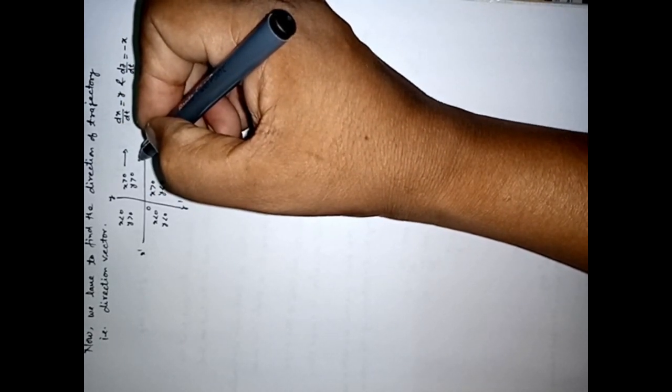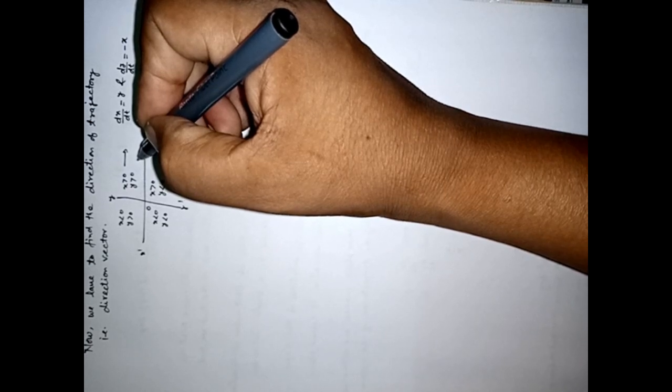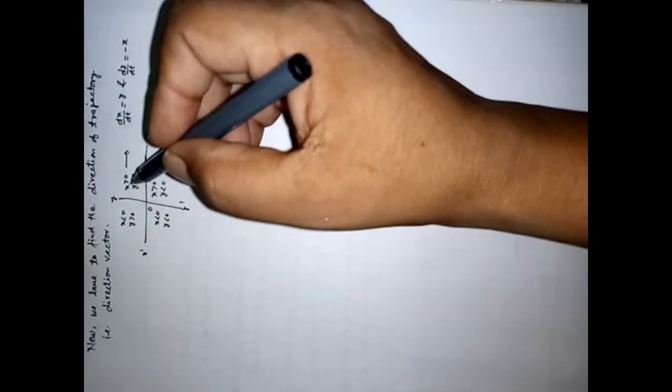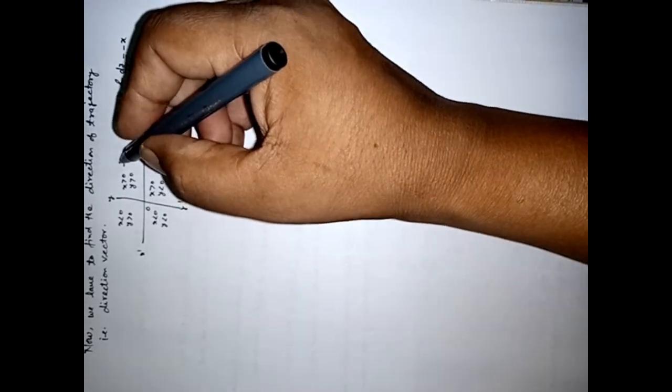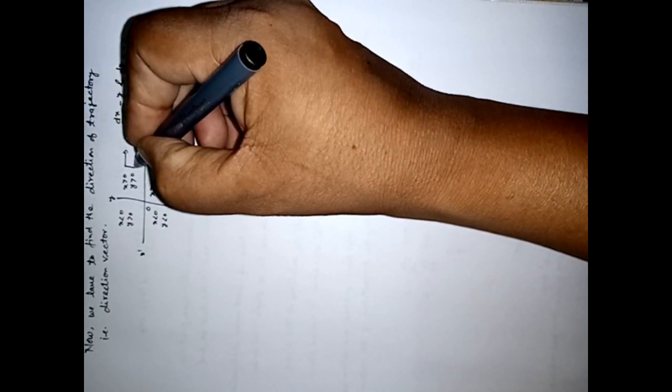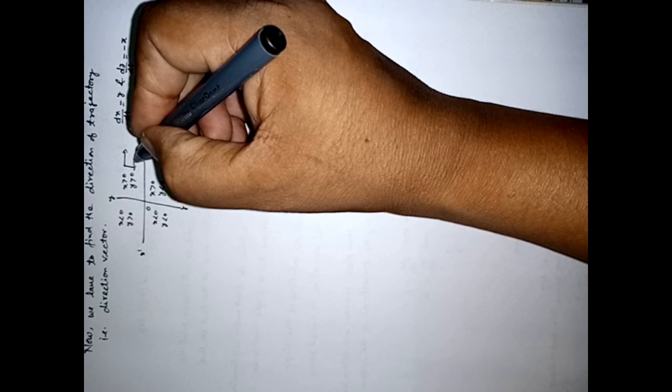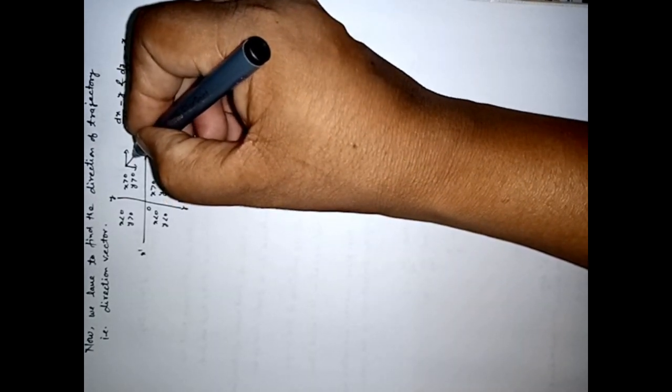Here x is greater than 0, so from dy by dt equal to minus x, we get dy by dt is negative. So the direction of y is in this side, so the resulting direction is along this.